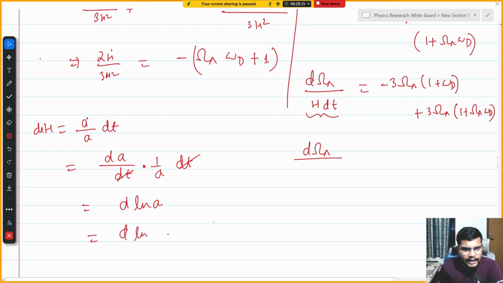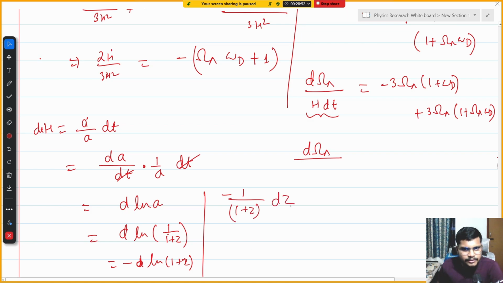So d log a is basically 1 by 1 plus z. It will be d of log of, minus because it will be inverse, 1 plus z, right? So d of log of z would be minus 1 by 1 plus z and dz, correct? So h dt is equal to minus 1 by 1 plus z into dz.